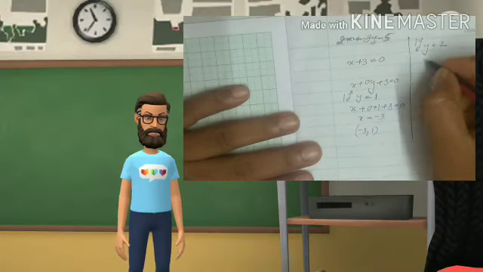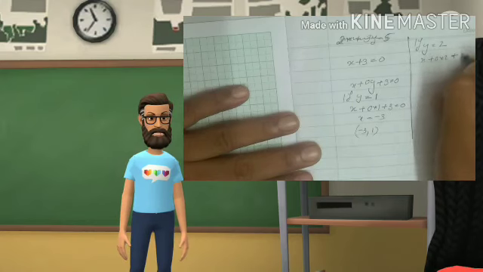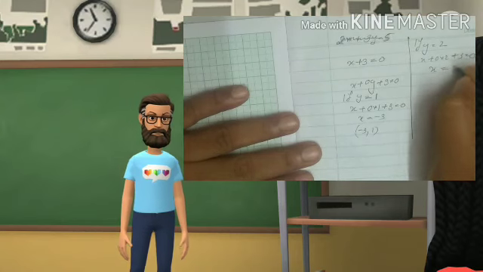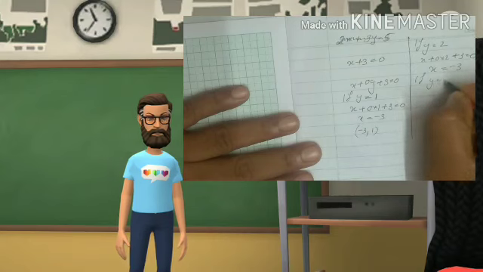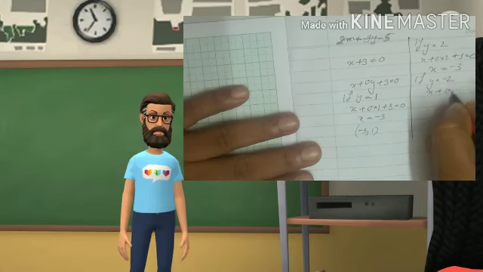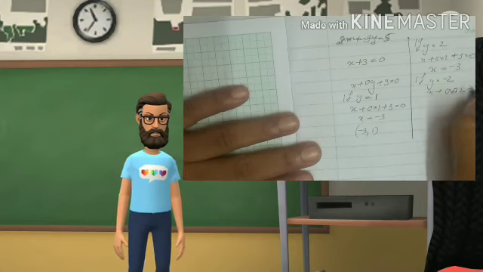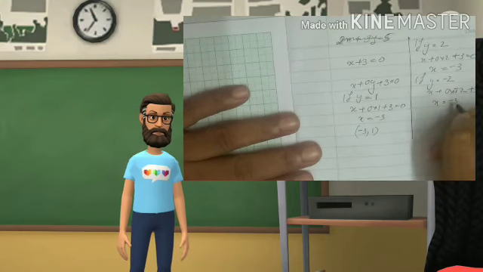Yes, you are correct. x is equal to minus 3. Suppose we substitute y is equal to minus 2, then also we get minus 3. So for any value of y, we get the value of x as minus 3. That is, the value of x is not changing.